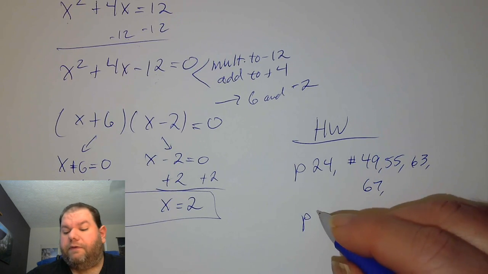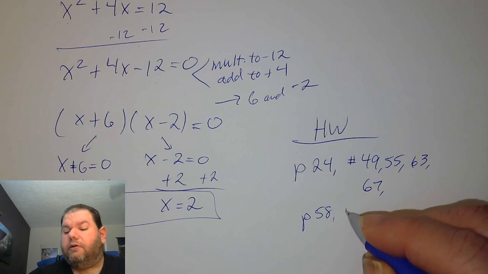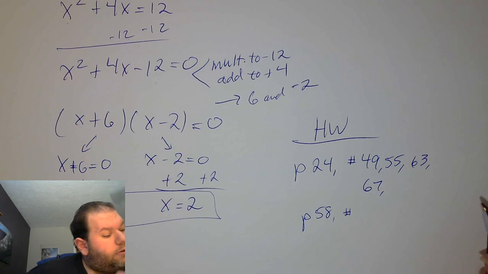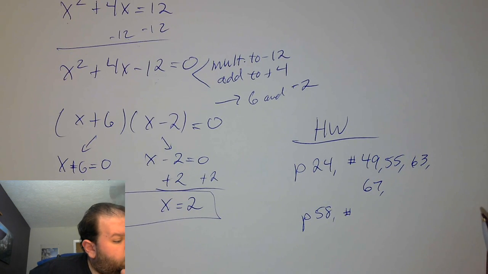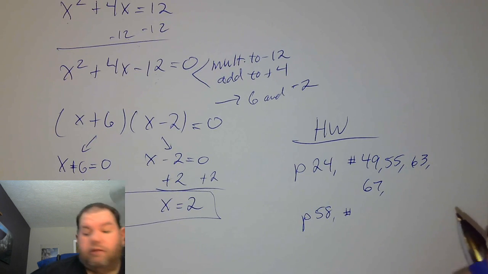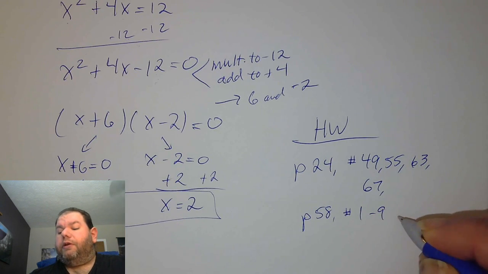And then on page 58, get 1 through 9 odd.